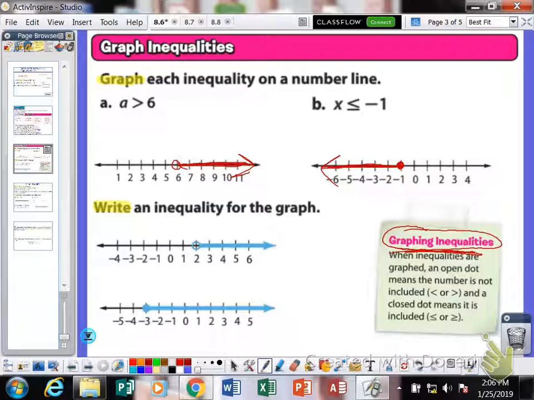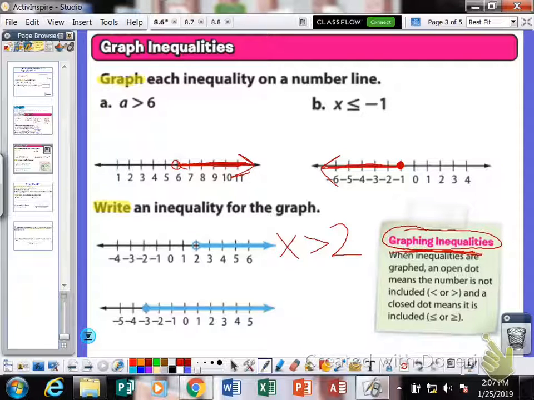We can come up with any variable here; it doesn't matter which one you use. We'll just use x. We know because of our open dot that we're using a less than or greater than sign, but we see our arrow going to the right, which indicates that it is greater than. So we use our greater than sign, and then 2.